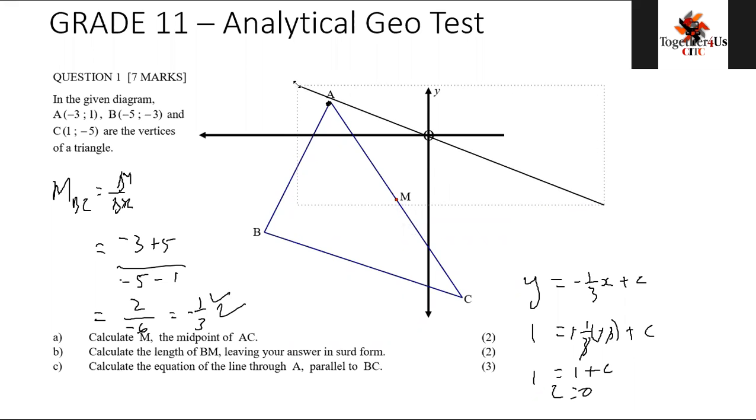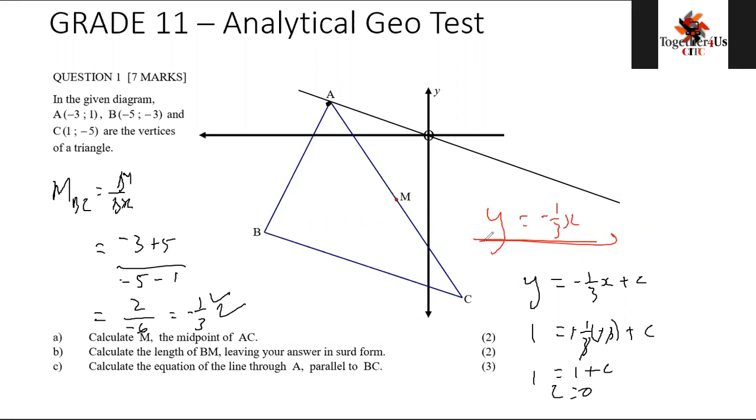If we can adjust it, it is something of this nature. That's what we've got, and I think it makes some sense. So you can see now your final equation. Let me write this in red. Y is -1 over 3 x, and that's it. You are done. All 7 marks in the bag.